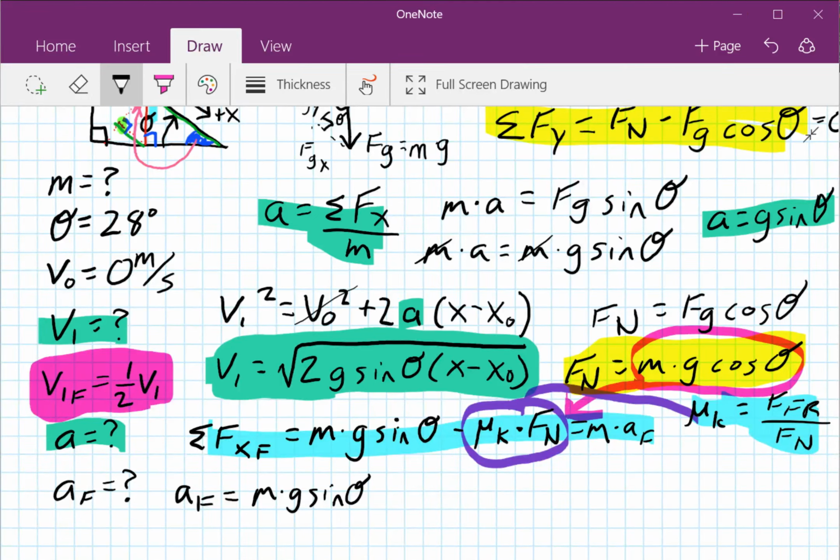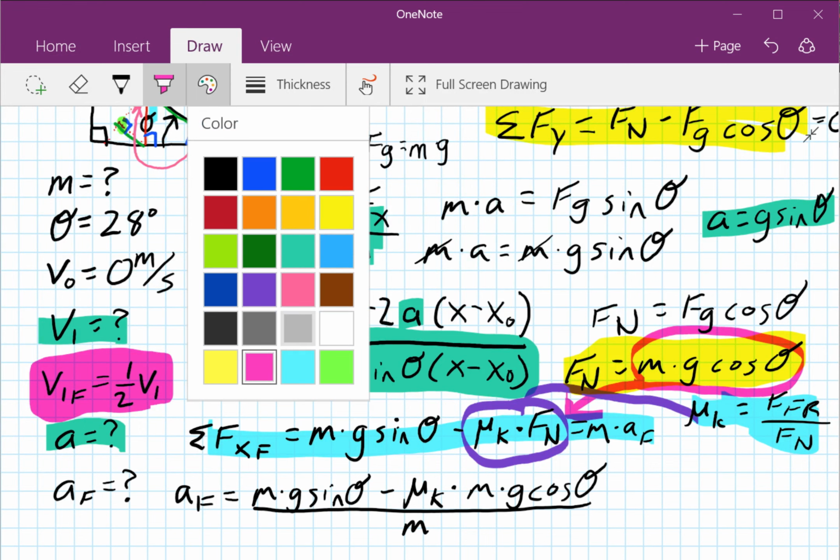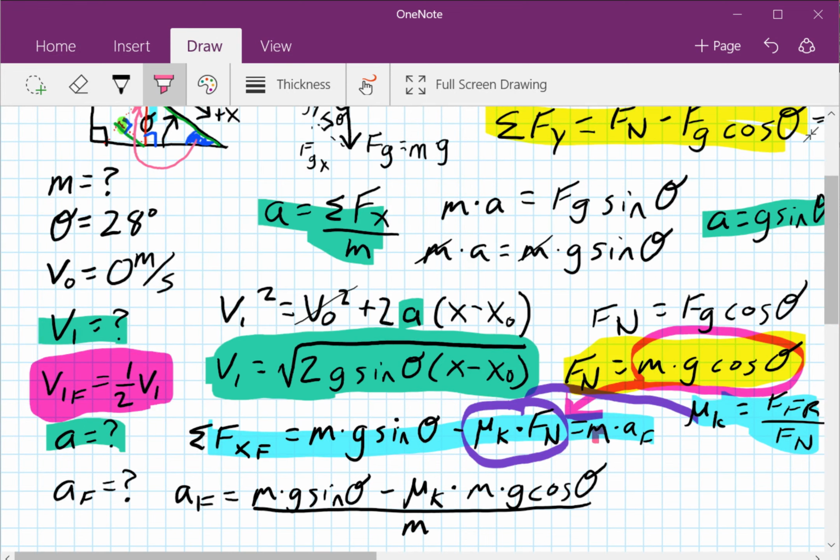So we're going to write minus the coefficient of kinetic friction times m times g cosine of theta, and all of that would be divided by the mass. Just to make sure you see everything I'm doing, I divided everything by this mass that I'm highlighting next to the AF. So that is here now. So I could isolate for AF. That makes the masses cancel out, which is nice.